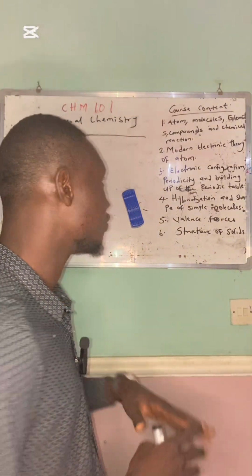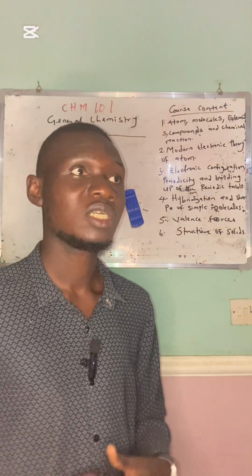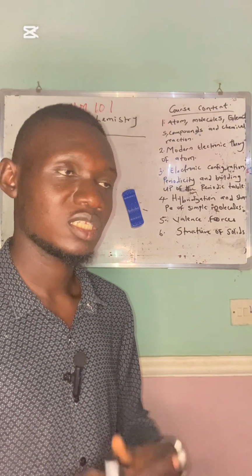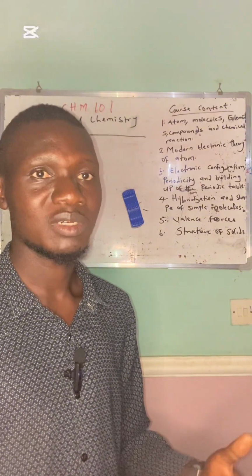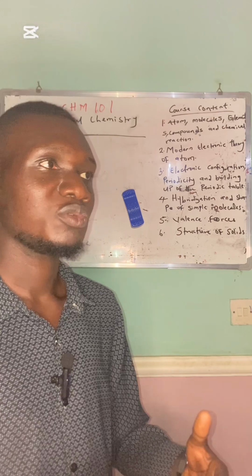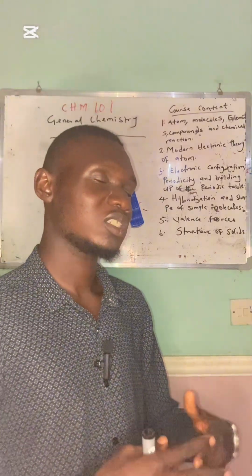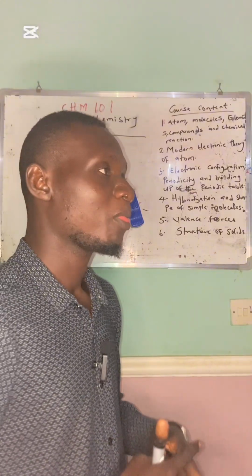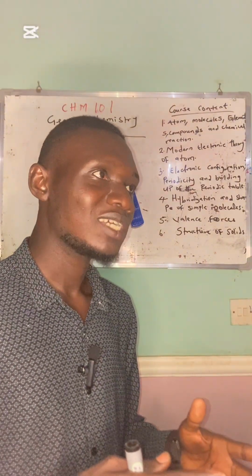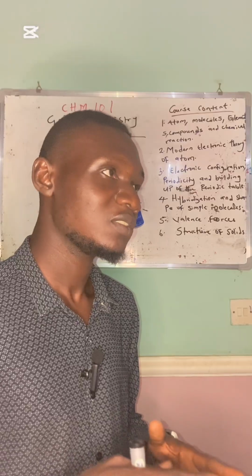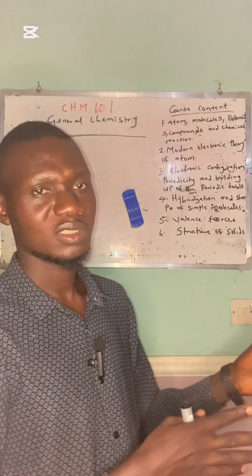But for now, I want to focus on the definition of an atom. An atom is the smallest unit of an element, and this smallest unit tends to retain the chemical characteristics of that element. So the majority of atoms truly look different from other atoms or elements.